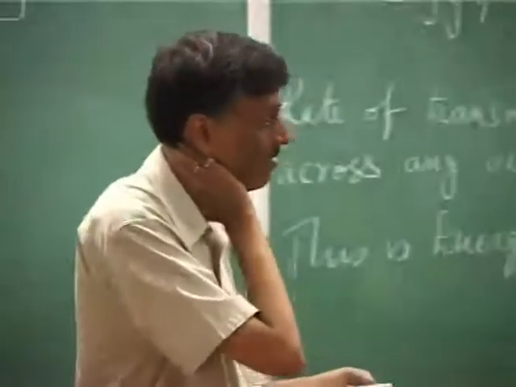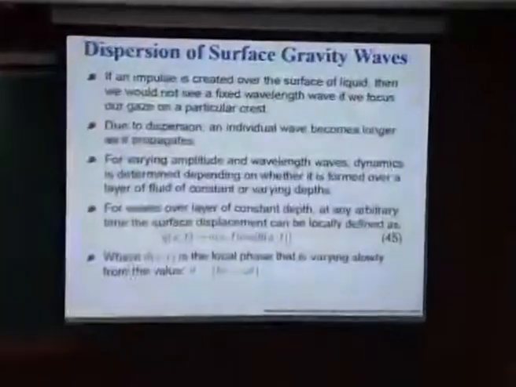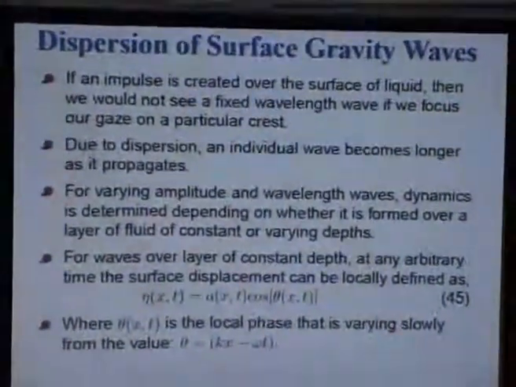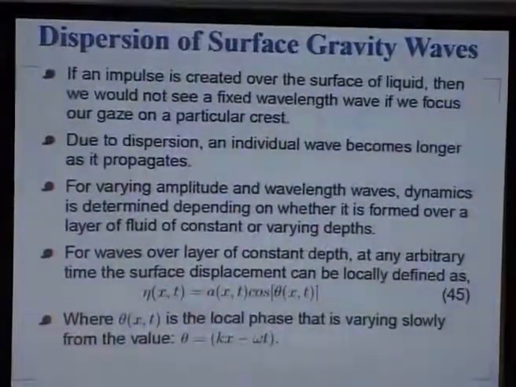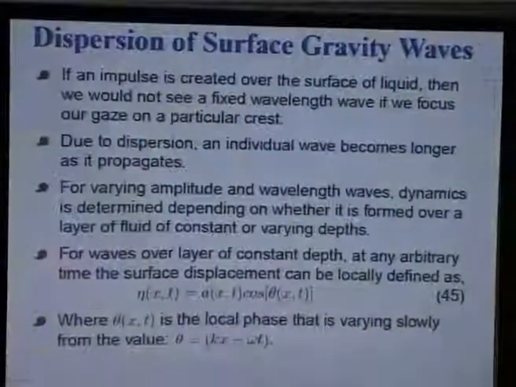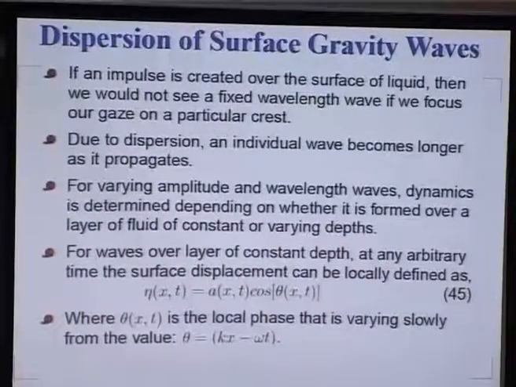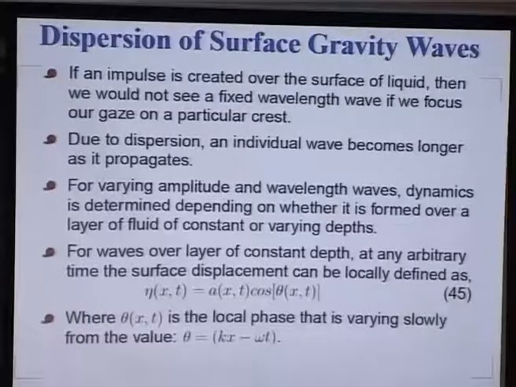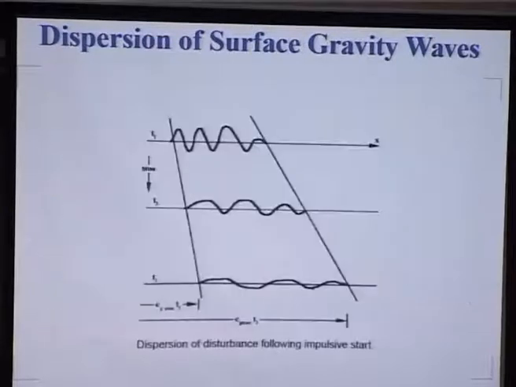Now, that is a generic statement, but further refinement occurs when we start looking at the dynamics of the disturbances, as seen if we are looking at those disturbances forming over, let us say, constant depth or a varying depth. In fact, this kind of variation of depth can add to a very interesting situation. I think I can show you this picture, and this is what I was telling you.